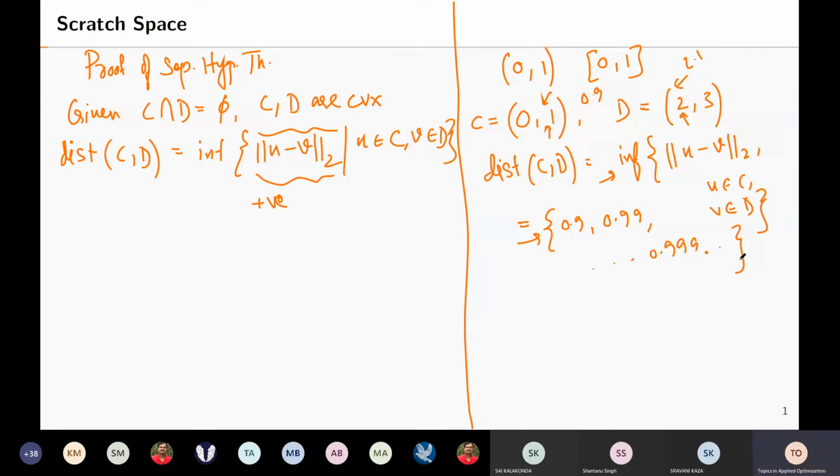Apart from all this, you also have points which are very large, for instance 2.5 and 2.7.